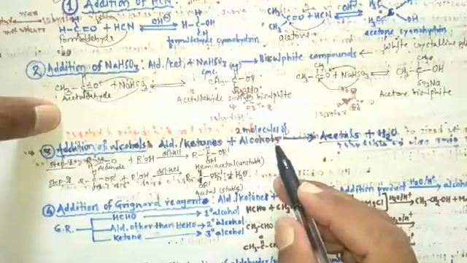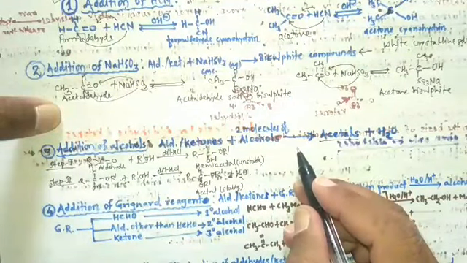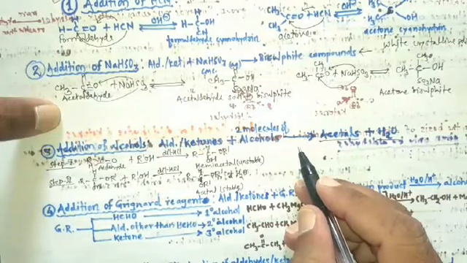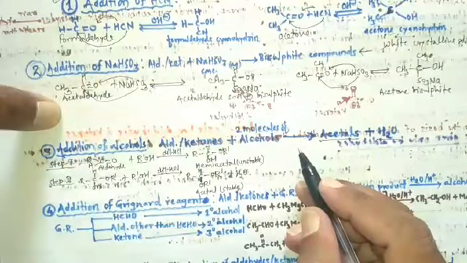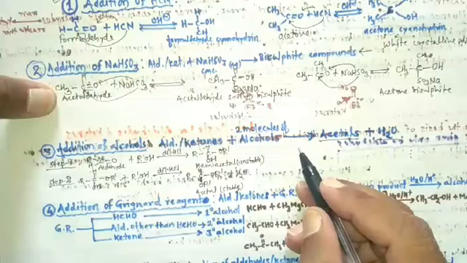On the other hand, when ketone is reacted with one equivalent of 1,2 or 1,3 diol in presence of dry HCl, it gives 5 or 6 membered cyclic ketals respectively.